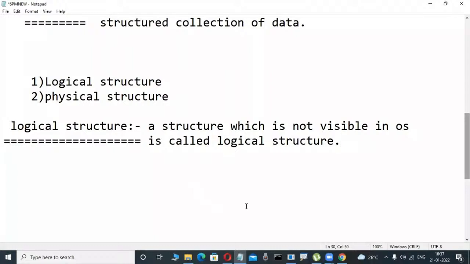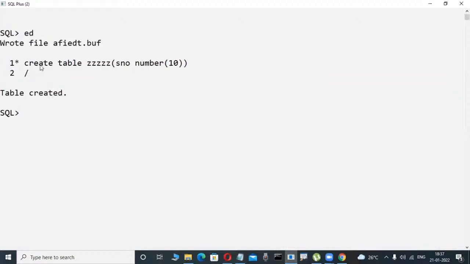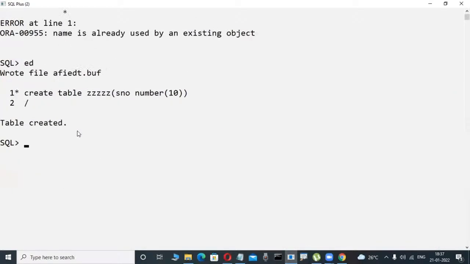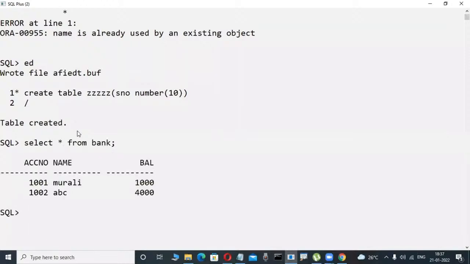That's why when you create a table, we are unable to view it in the C drive, D drive, like that. But where is it visible? In a database only. Those tables are visible in the database, not in your C drive, D drive.